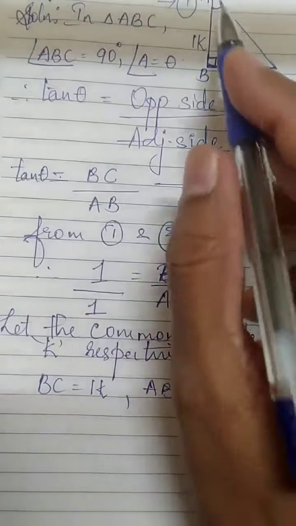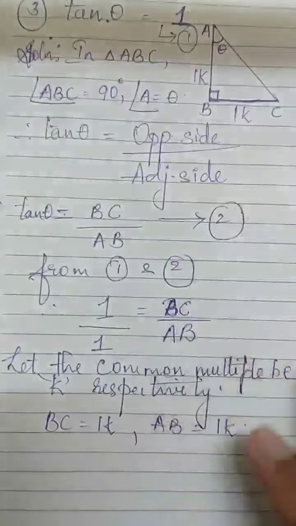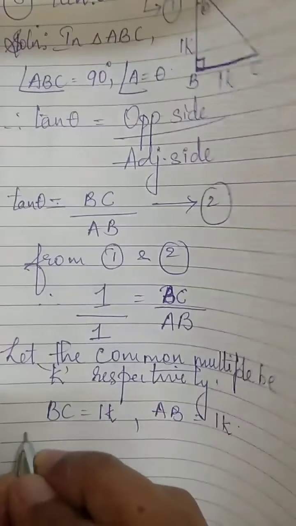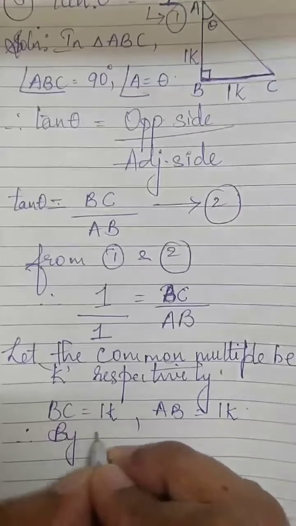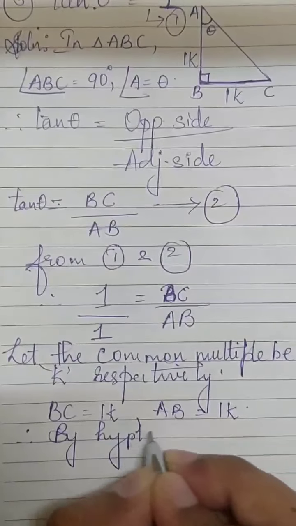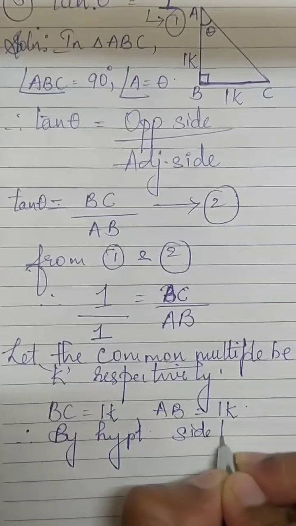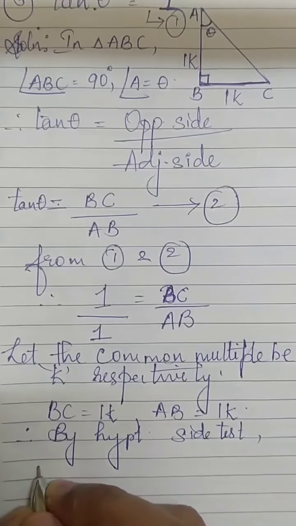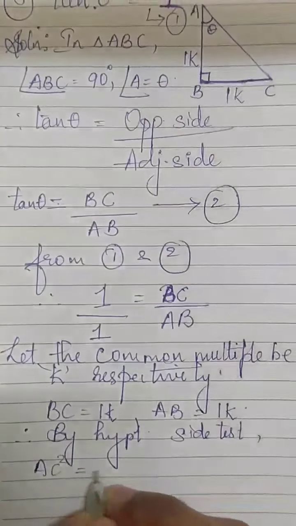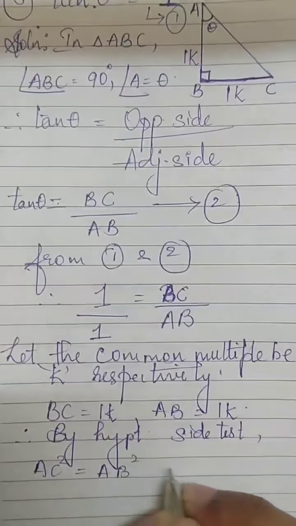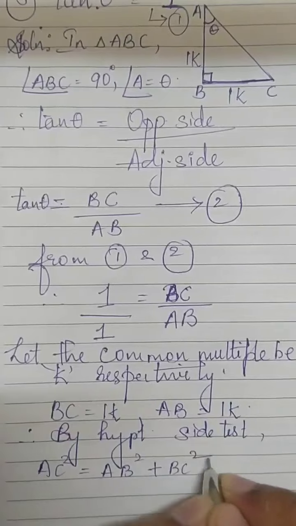This you have written. Let us find the hypotenuse AC. Therefore, by Pythagoras theorem, AC square is equal to AB square plus BC square.